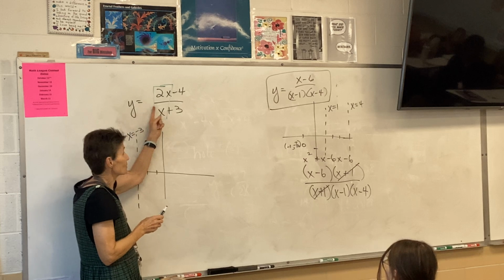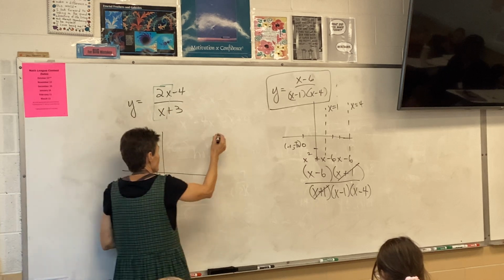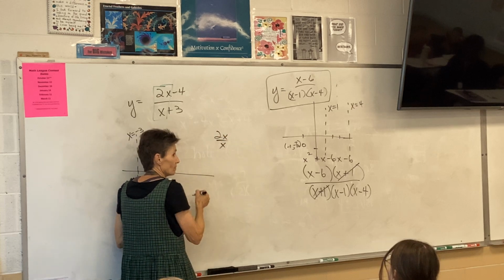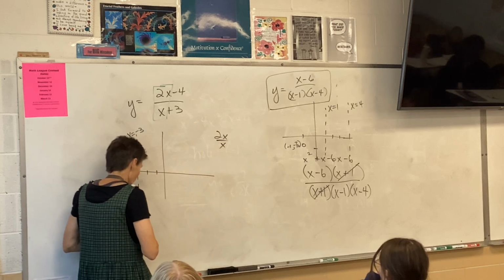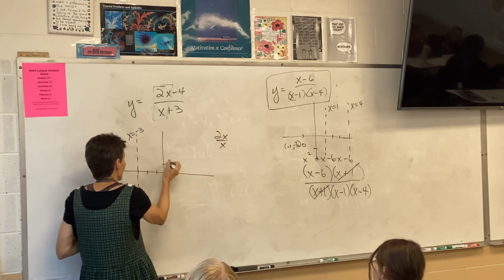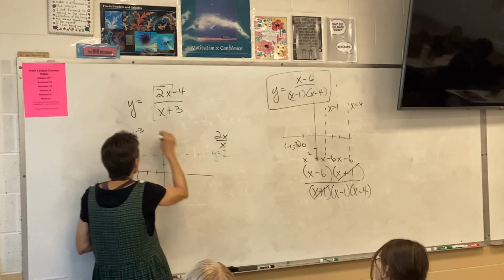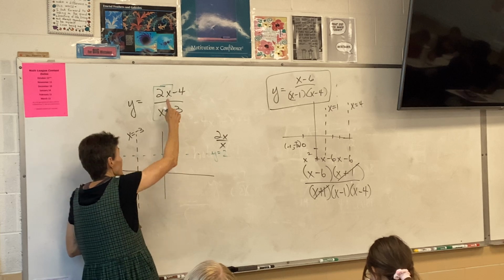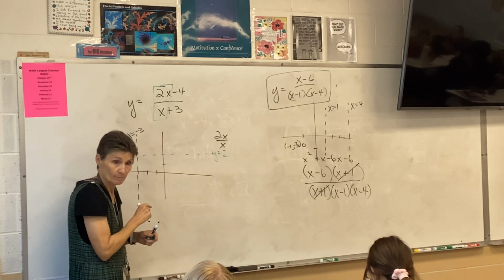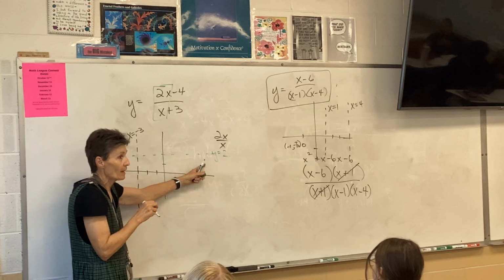Y equals 2x over x. Well, wait, what's 2x over x equal? Just 2? That is your horizontal asymptote. Your horizontal asymptote is at y equals 2. The x's cancel, 2. That's it, that's all there is to it. That's your horizontal asymptote.